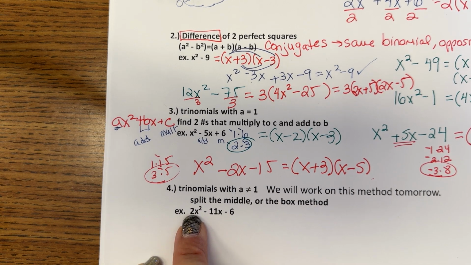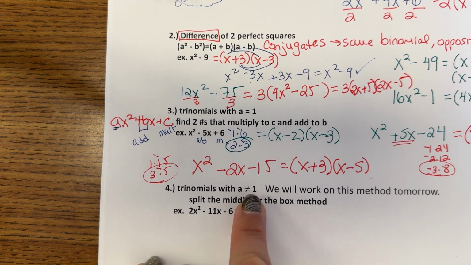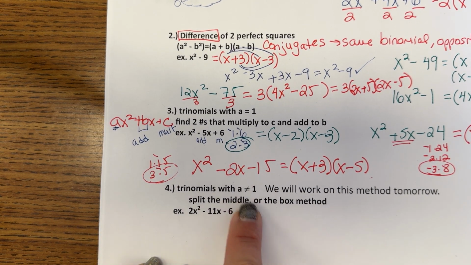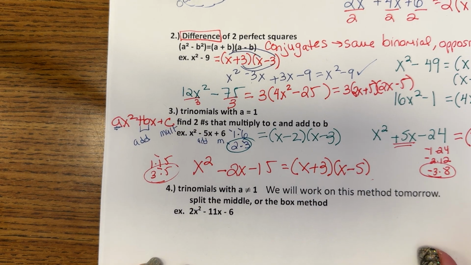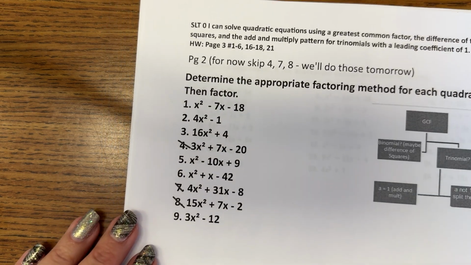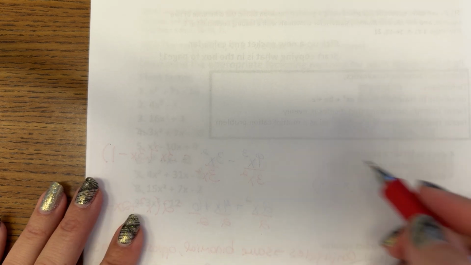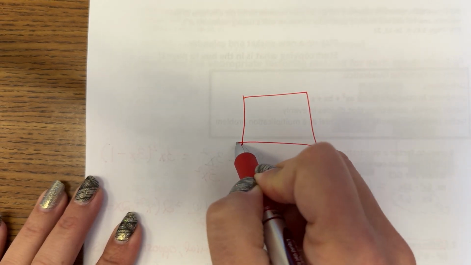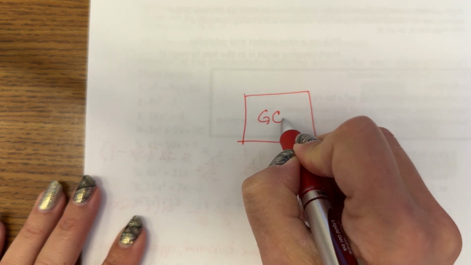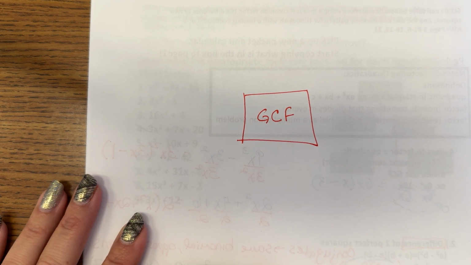We will do method 4 tomorrow, or the next class, when the leading coefficient a is not 1. On page 2, we're going to draw a flow chart of what our thought process is for every factoring problem. Every single problem, you're going to look, is there a greatest common factor?